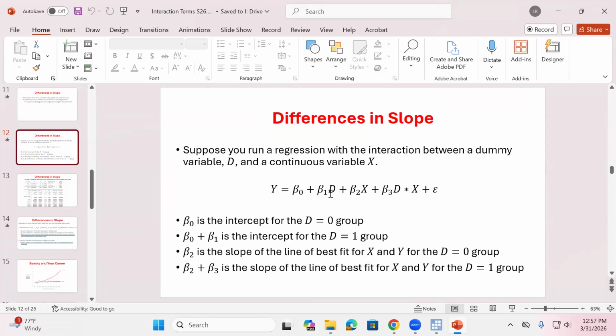I could think about an example where the officer is male and then their years of service. So the marginal effect of being a male officer will vary depending on how long I've been in service. Now the marginal effect of my dummy variable depends on what I interacted it with, which is that continuous variable.